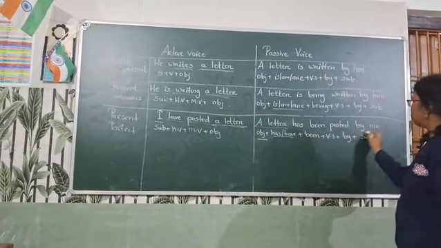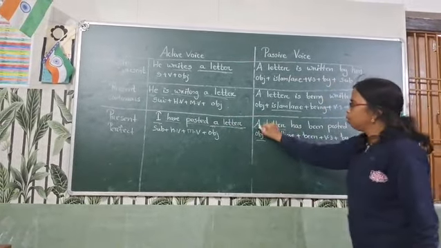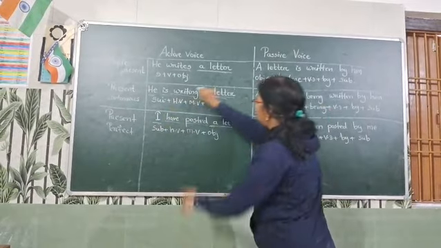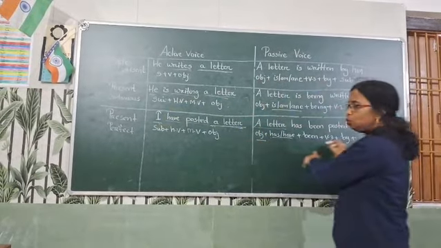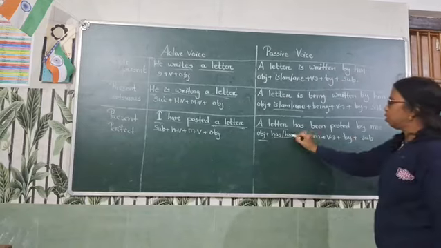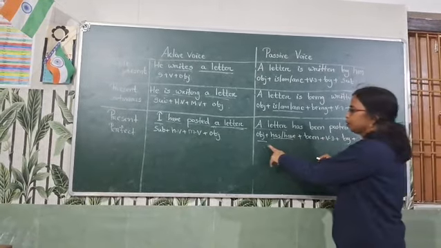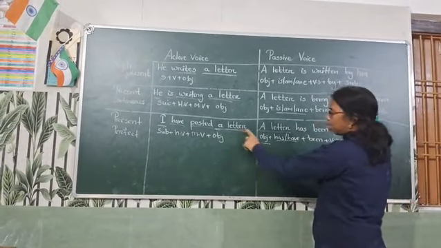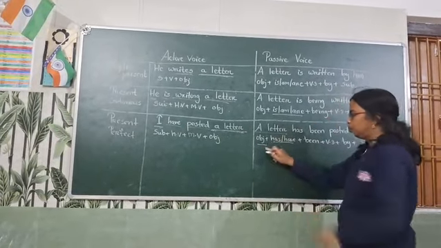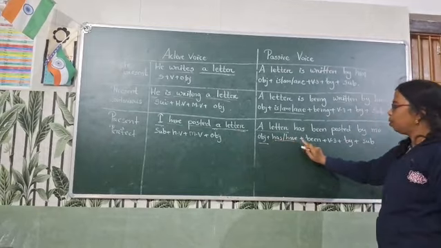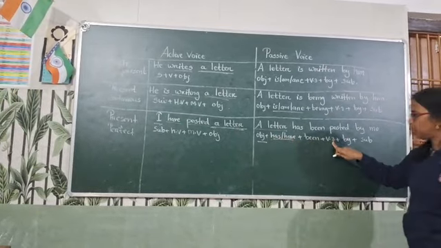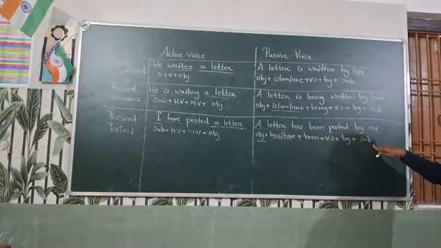Then by plus subject: when I comes to the object place, it becomes me. A letter has been posted by me. The structure of present perfect from active voice to passive voice is object plus has or have plus been plus verb 3 plus by plus subject.